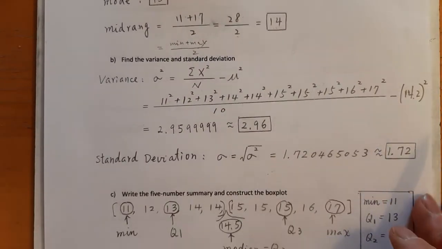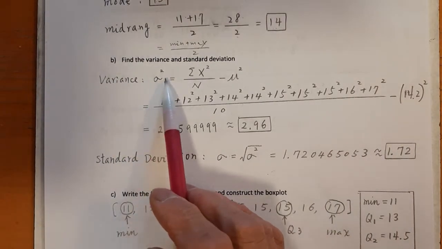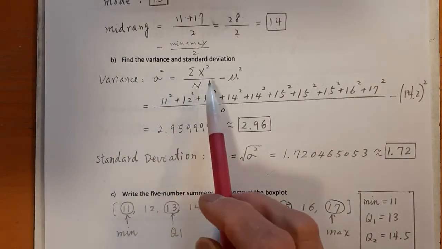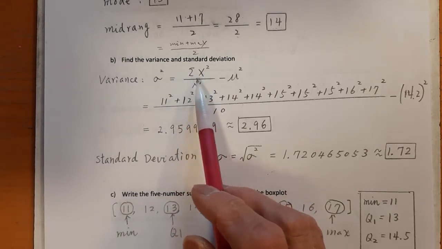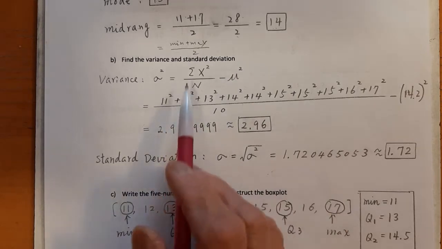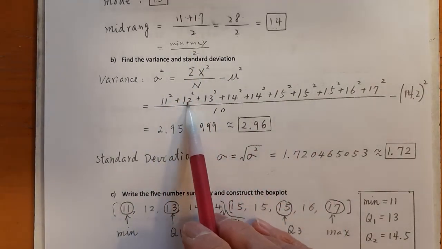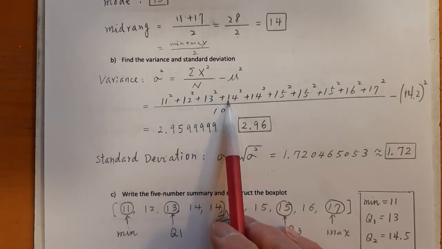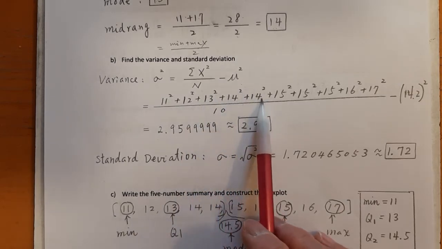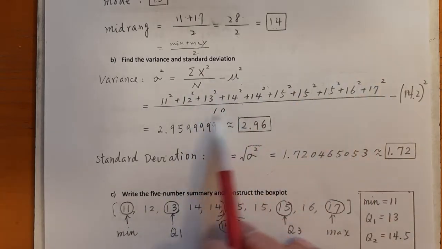And B, find the variance and the standard deviation. For the population variance, use sigma squared equal to, this is the formula, summation x squared over n, minus mean squared. Summation x squared means 11 squared plus 12 squared plus 13 squared, each number squared, 14 squared, added together, divided by 10.